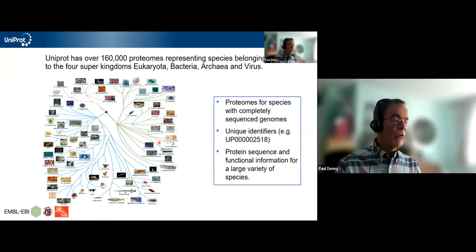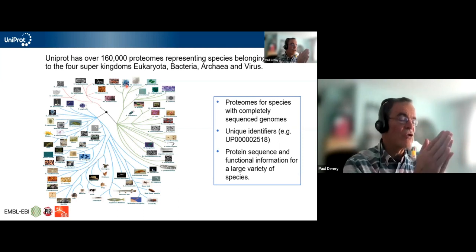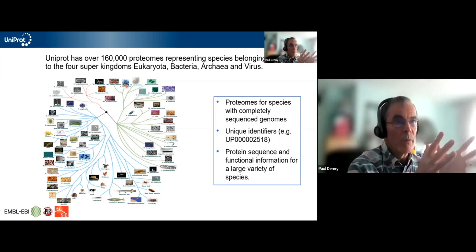Now, within UniProt, there's over 160,000 proteomes, and each one of these sets of proteins for a particular organism has its own unique identifier. And in order to construct these, the species needs to have been completely sequenced.